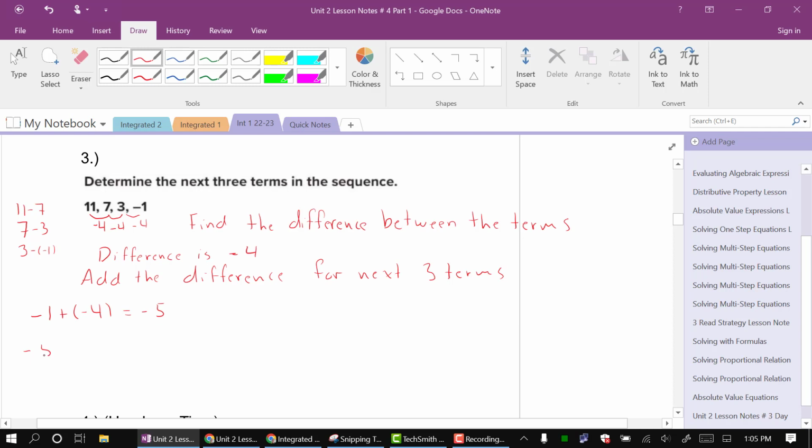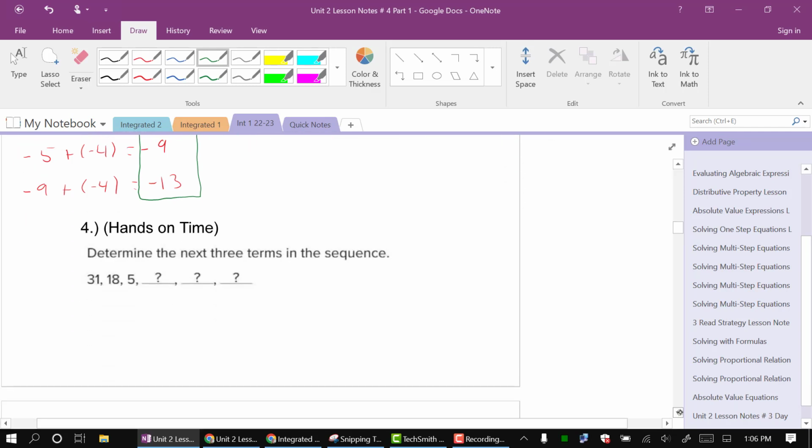Then -5 plus -4 gives me -9. And then -9 plus -4 gives me -13. So my next 3 terms are -5, -9, and -13.